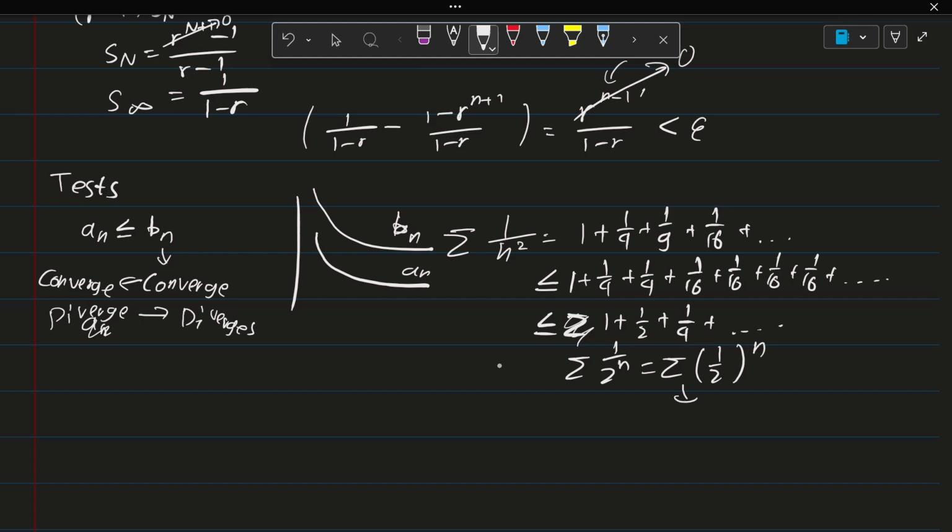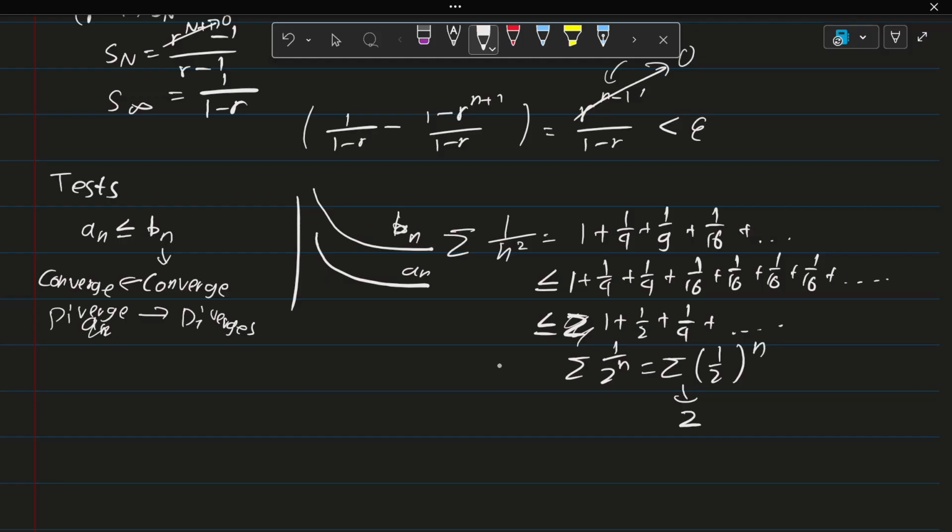So this thing converges to 2. And so this means that your 1 over n squared should be less than or equal to 2. This is a fact that you need to know: if you know one function is convergent, you could know that the other function is also convergent.